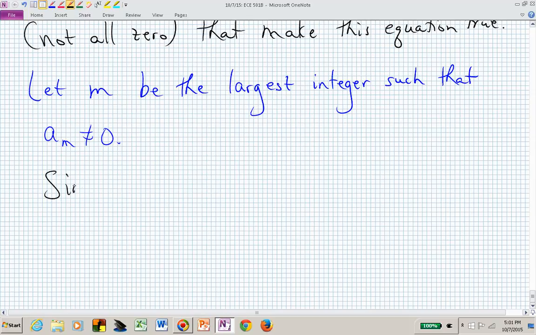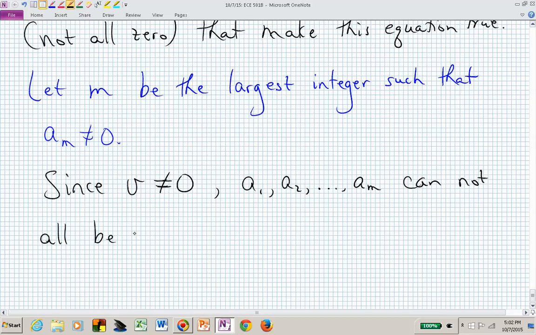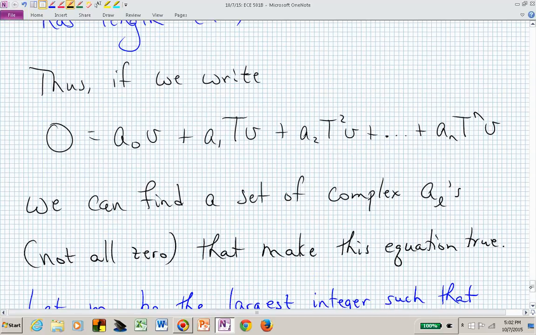Remember what we assumed. We assumed that we were starting with a non-zero vector in our vector space. So since v was not equal to 0, a1, a2, up through a sub m cannot all be 0. These are all of the coefficients beyond a sub 0.